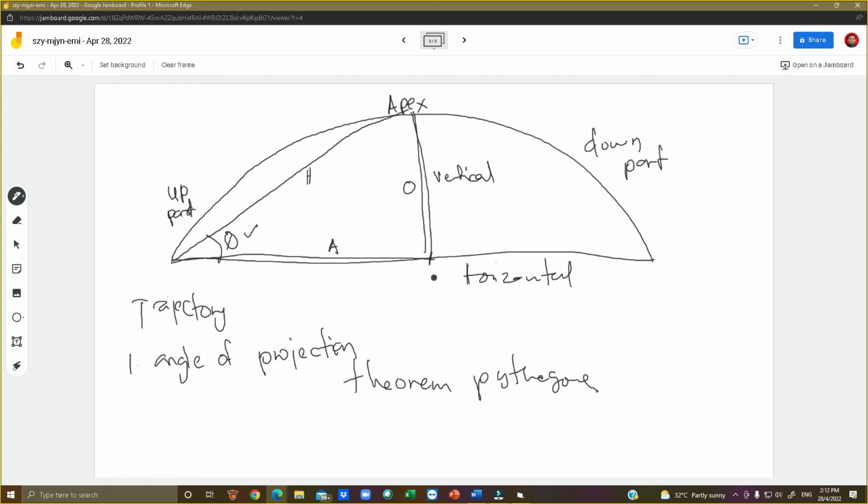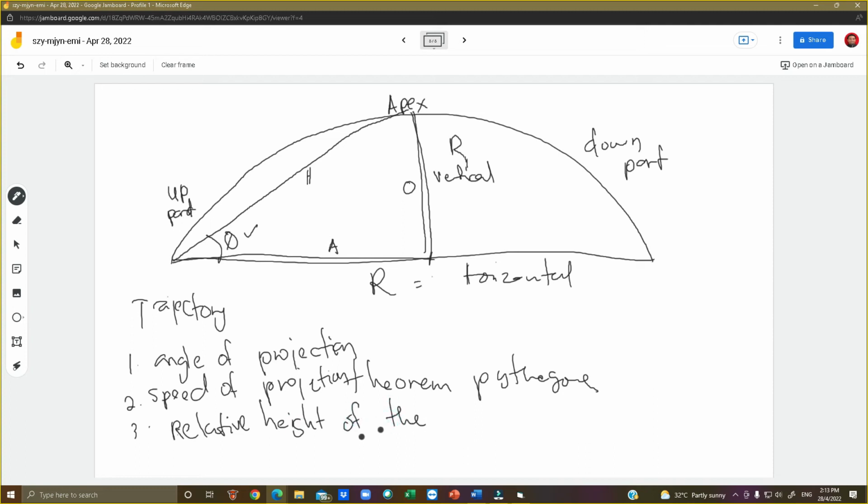This is the first factor affecting range. Ni kita ada 2 range. This is also known as range horizontal and range vertical. Number 2 is the speed of projection. And number 3 is the relative height of the projection. Okay, number 1 dengan number 2 is quite clear. This is number 1. Number 2 is this one.